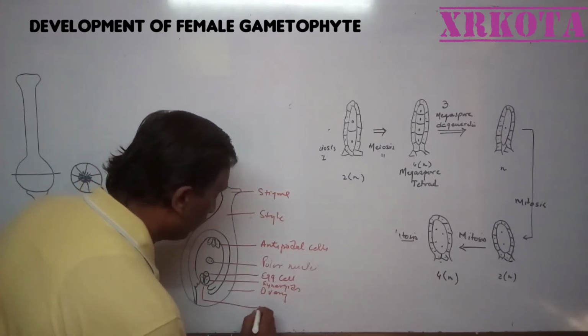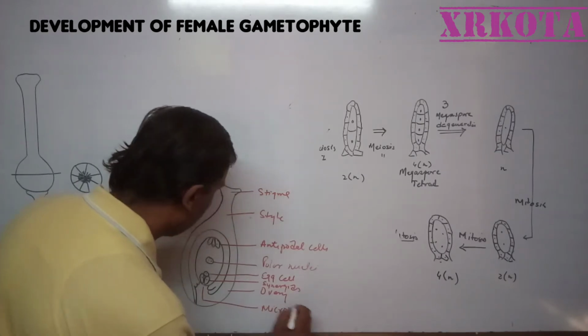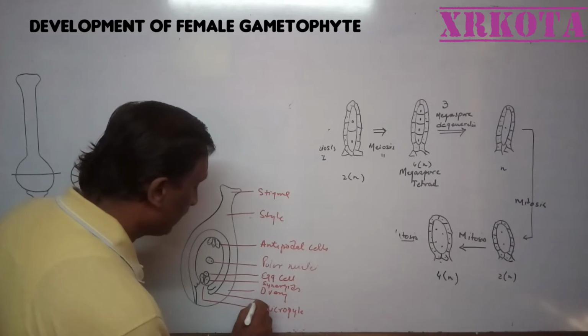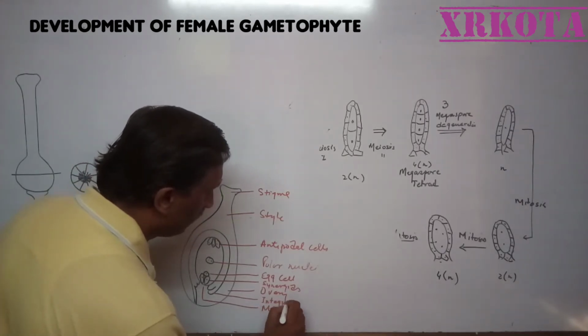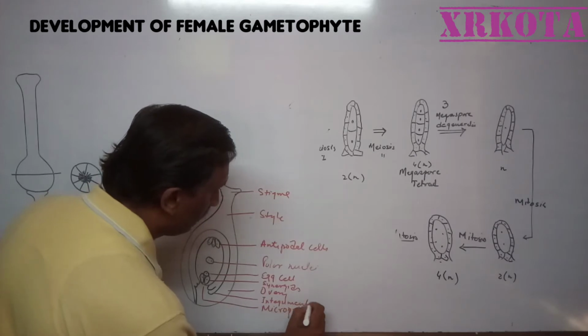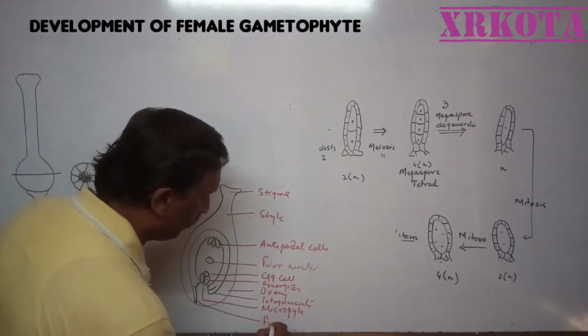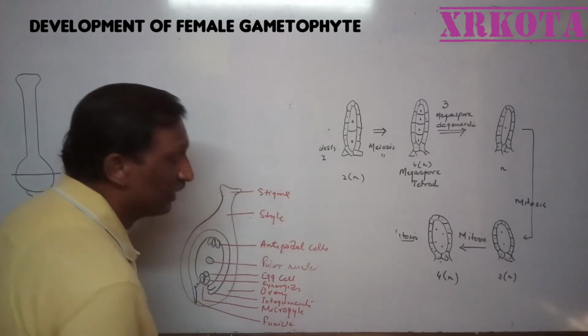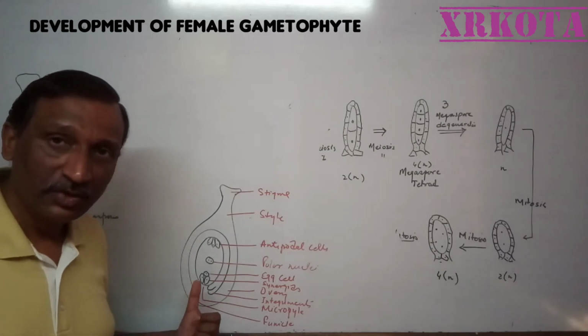This opening is called the micropyle, and these structures are known as the integument, and this attachment is called the funicle. So this is the total structure of one single ovule.